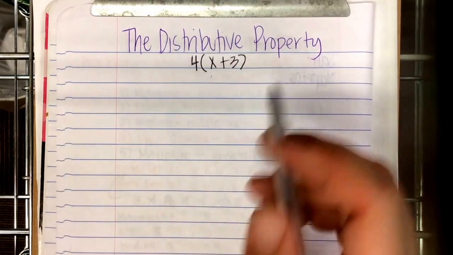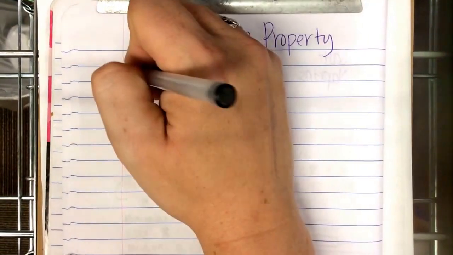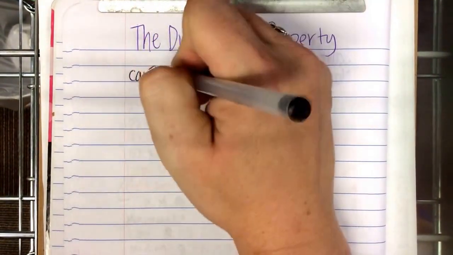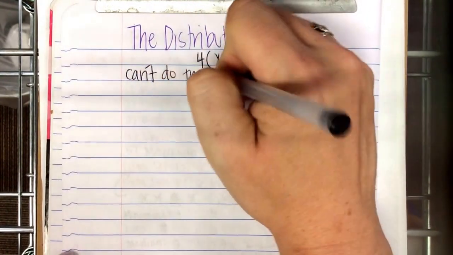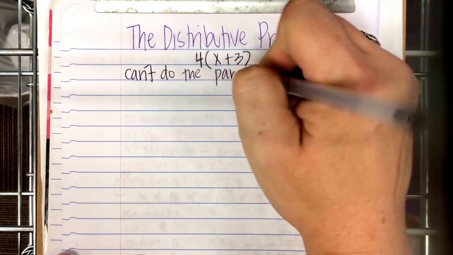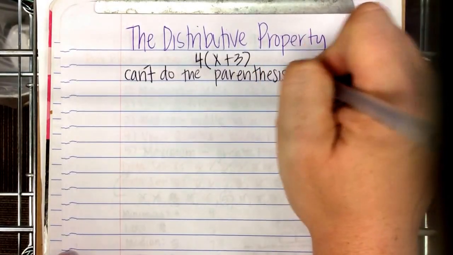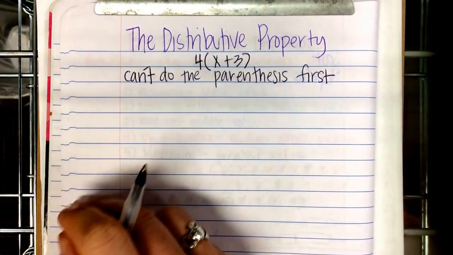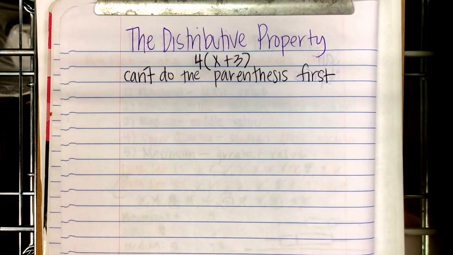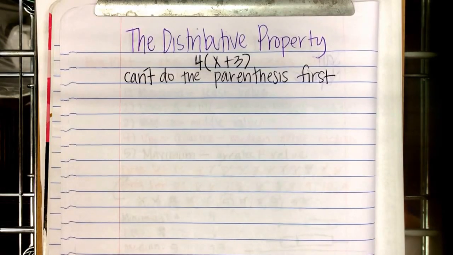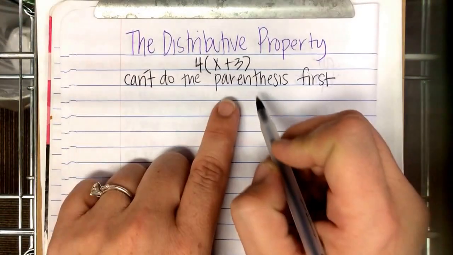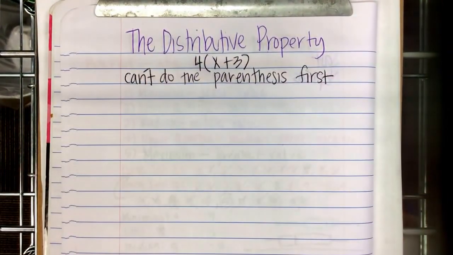So I can't do parentheses first, because I don't know what x plus 3 is. Maybe it's 7. Maybe it's -2. I don't know. But if there are parentheses, I have to do those first. But I can't. So we use the distributive property.